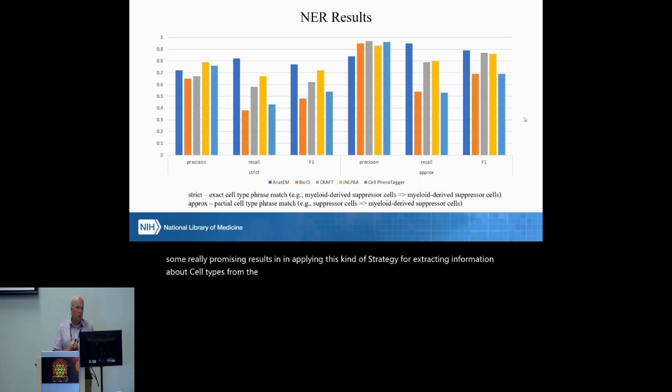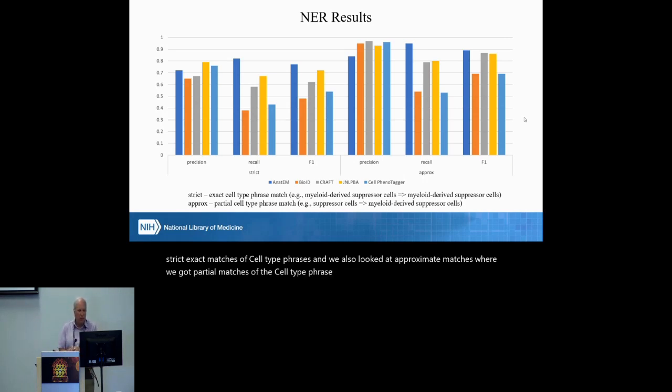So here are the performance results of the 5 different models that came out of this fine-tuned training. We looked at very strict exact matches of cell type phrases, and we also looked at approximate matches where we got partial matches of the cell type phrase.